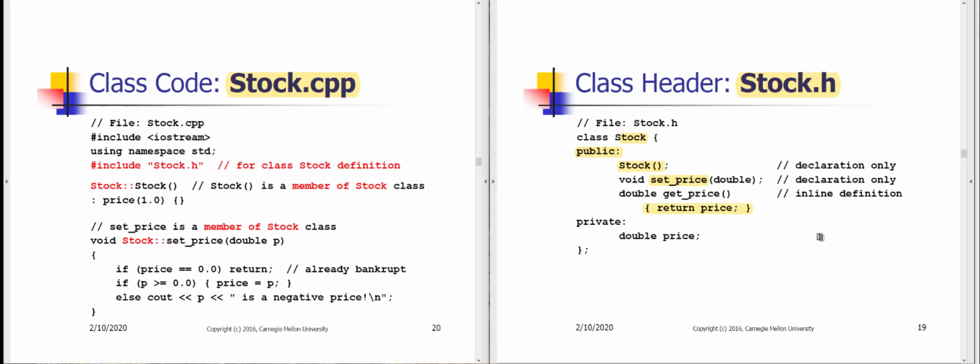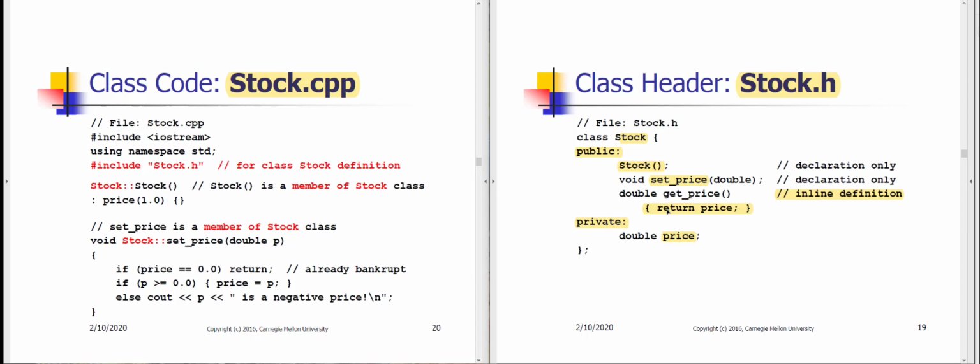And in this case, we have a full inline definition of the getPrice function, because all it does is to return the value of the price variable. Now, the current price of the stock is maintained within this price variable, which is a double, but it's private, so although the application developer can see that it's there, the application developer is prevented from accessing that price data member directly.